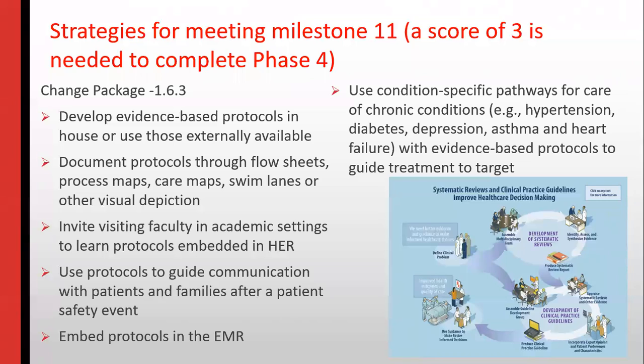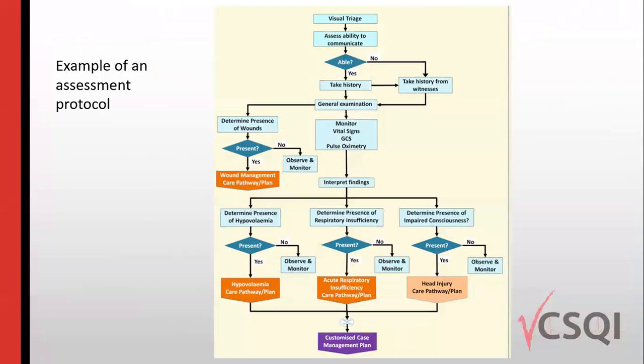So the diagram here simply shows how you might go about implementing or developing some clinical guidelines, so that you do have a clear protocol for a particular type of patient. Here's an example of an assessment protocol. I think as you read through it, you'll see this might have been one being used in the emergency room, where a patient maybe comes in with some kind of head injury.